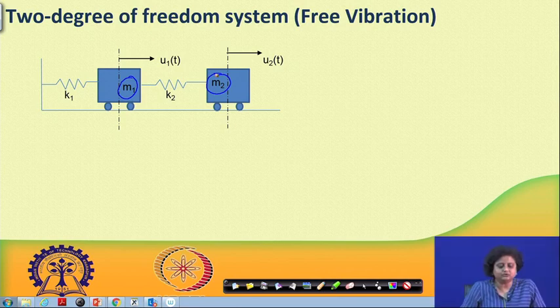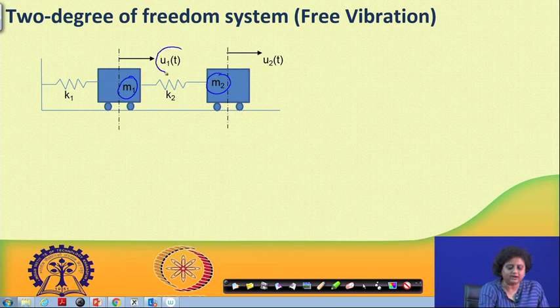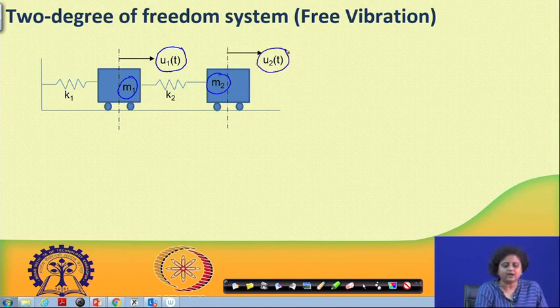These 2 masses are constrained to move only in the horizontal plane, and therefore the 2 degrees of freedom that I have here are the horizontal displacement of mass m1, which is u1(t), and u2(t), which is the horizontal displacement of mass m2.